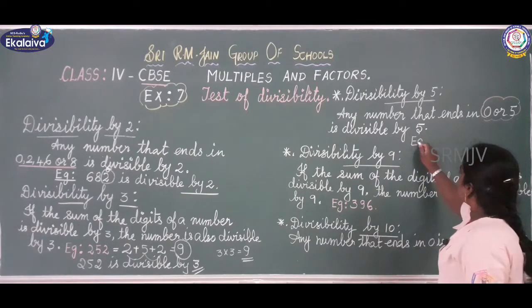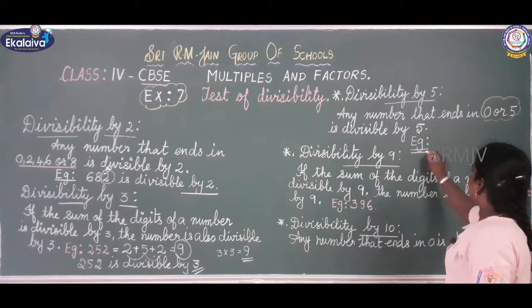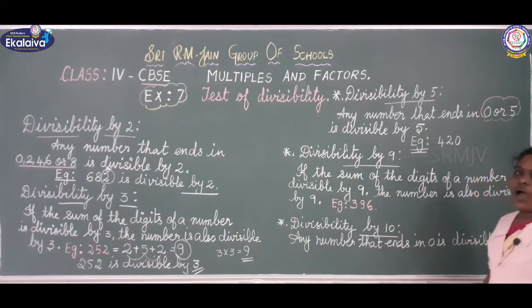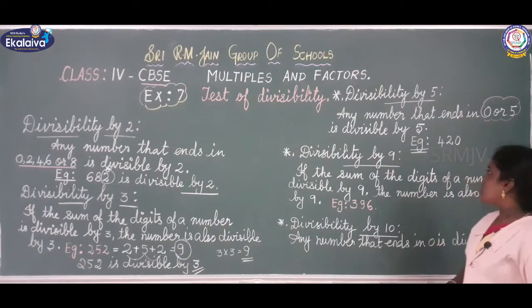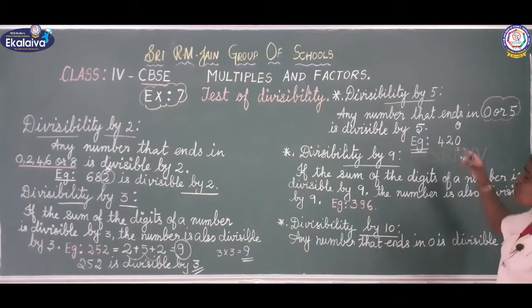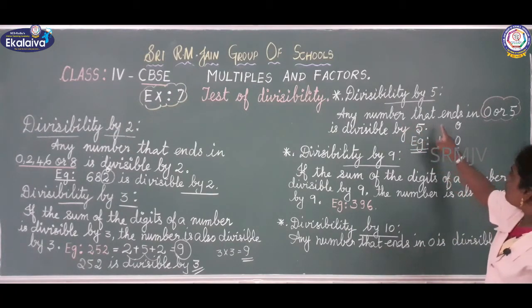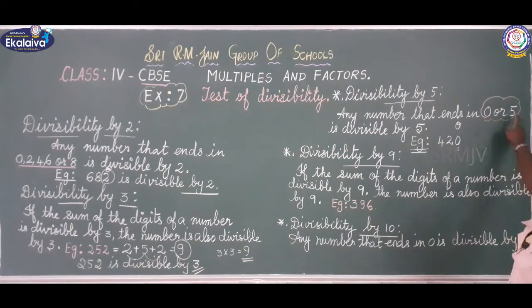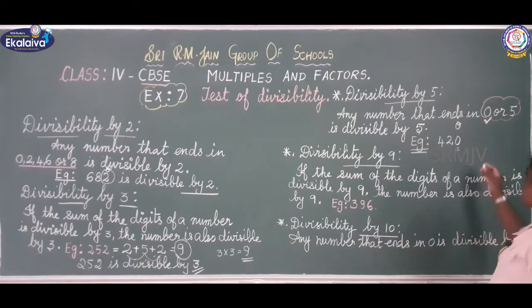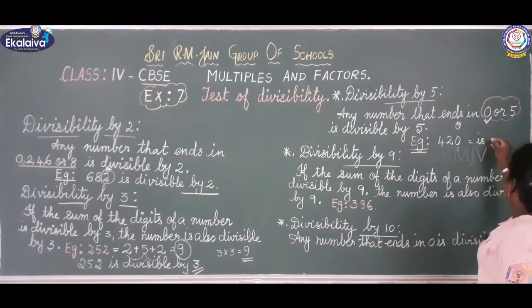For example, let us take the number 420. So you have to check the ones place. Look at the ones place, children. It is 0. So look at the rule. If the number ends in 0 or 5, here the given number ends with 0. So it is divisible by 5. 420 is divisible by 5.